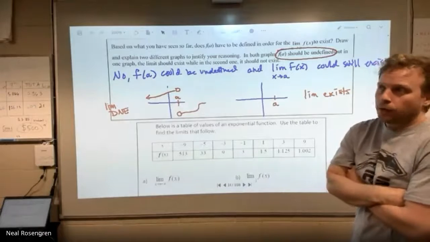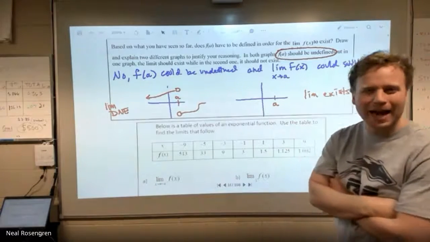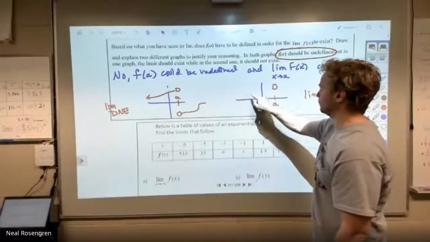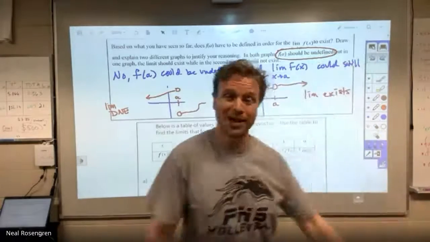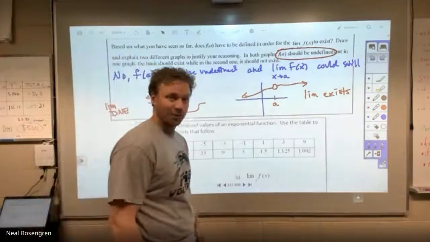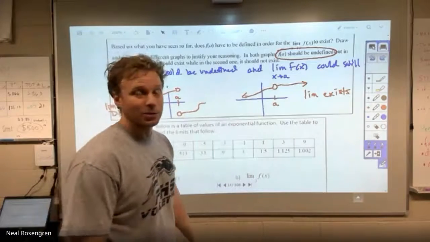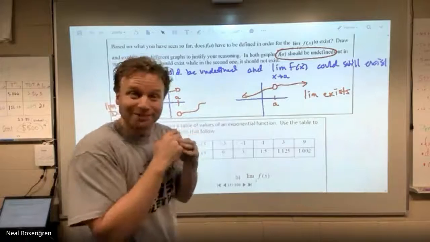So what's the only other way for us to draw something that's undefined at A, but still has a limit? It would have to be a hole, right? Has to be, absolutely. And we have to approach it from both sides. It's the only way to do it. I'd be surprised if anybody that did that correctly did anything else besides draw a hole with our curve approaching it. Great, love it.